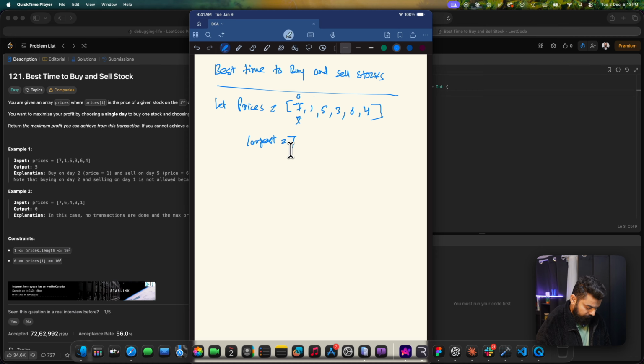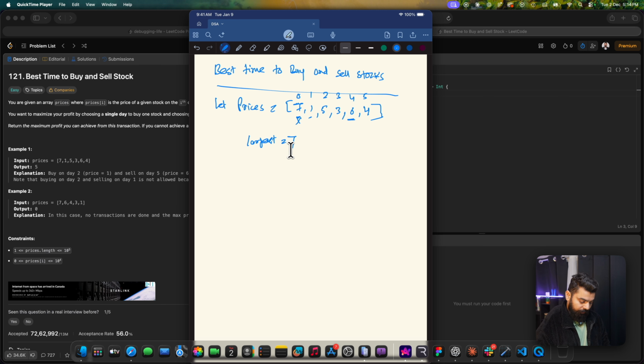So it means we are not going to use this value. This is on indexes 0, 1, 2, 3, 4 and 5. All right, next we come to this value 1. We can buy on this day because this is the minimum value, right? And we know we have a maximum value somewhere here, like this 6th one is the maximum after this. We are not going to purchase on this other day, because if we buy this, we cannot sell it in the future.